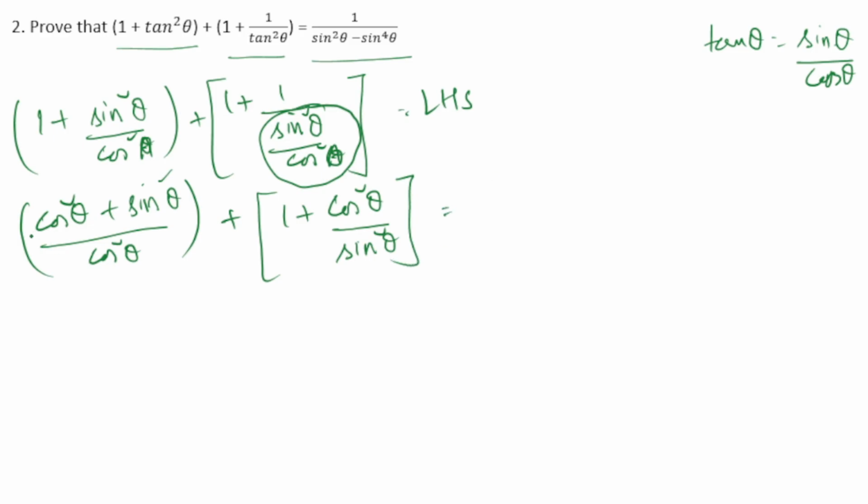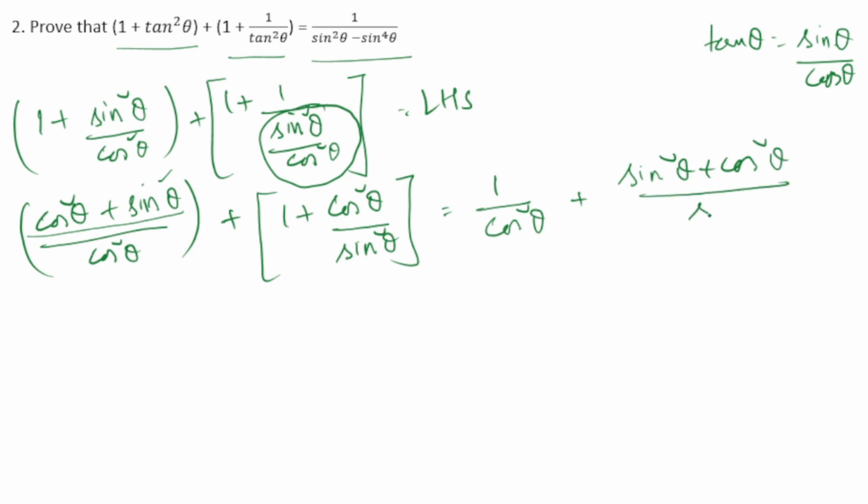It is cos square theta plus sin square theta, it is 1, so it is 1 by cos square theta plus, here we will take LCM, (sin square theta plus cos square theta) divided by sin square theta.